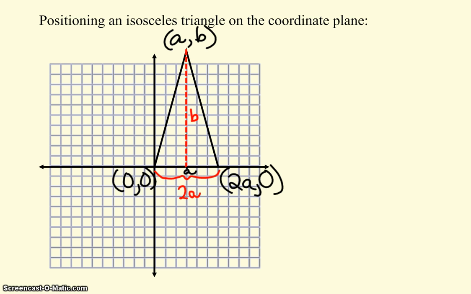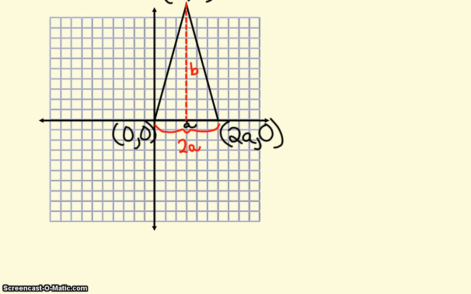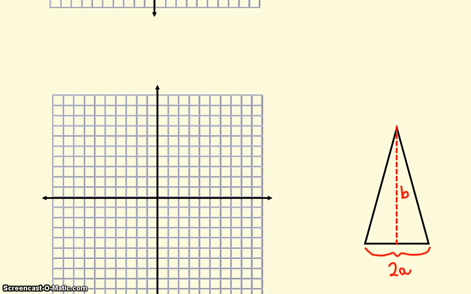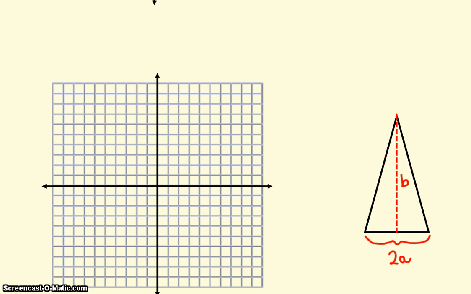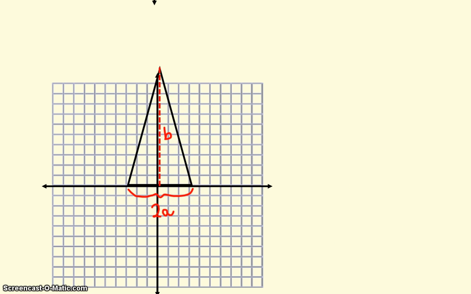Now, if it's an isosceles triangle, sometimes it's nice to put the vertex on the origin. Other times it's nice to put the vertex on the y-axis. So here's the other technique. I would take my same triangle and line it up so that my vertex is on the y-axis and my base is on the x-axis.